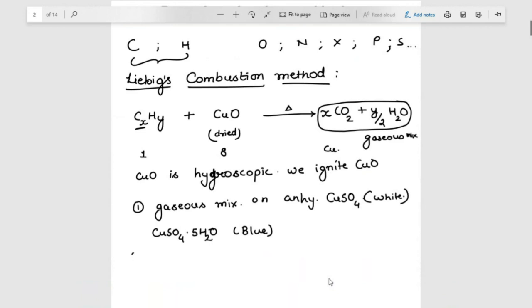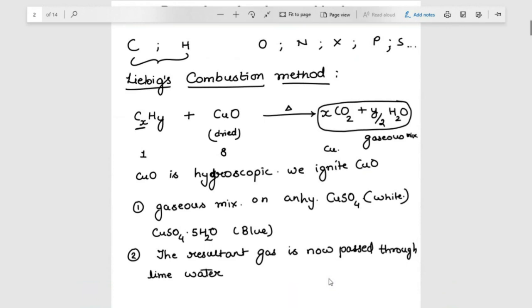Step 2: the resultant gas is now passed through lime water.